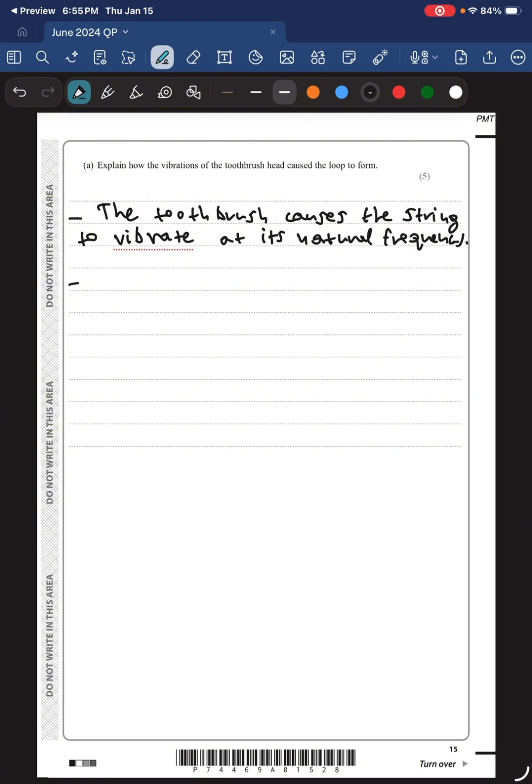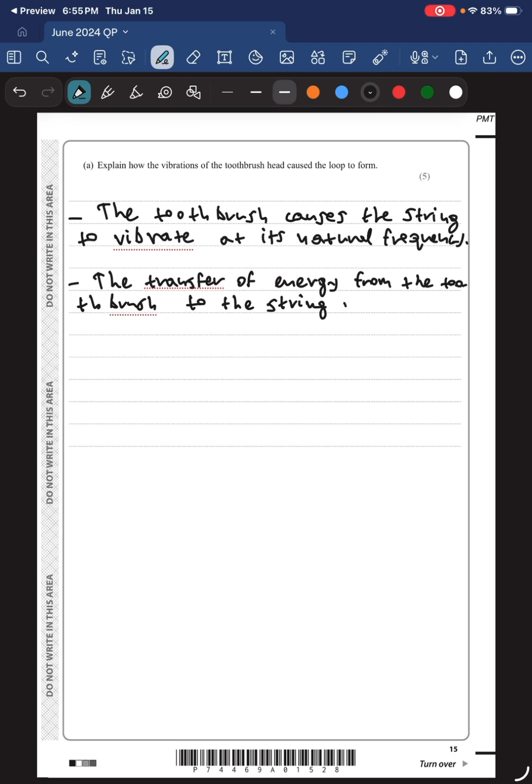The transfer of energy from the toothbrush to the string is maximum.